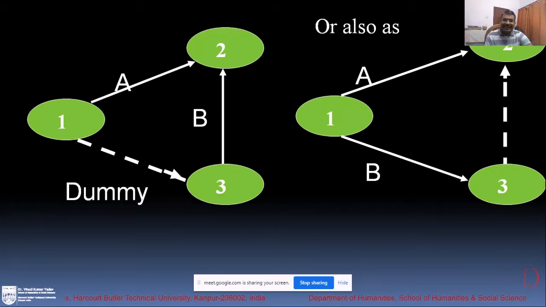But in this example, I am taking that two activities originate from the same node and end at different nodes. So A is one activity 1 to 2, B is another activity 1 to 3, and 3 to 2 or 2 to 3 is basically a dummy activity. So this one is a dummy activity. Just to explain it in detail, I'm taking this example.